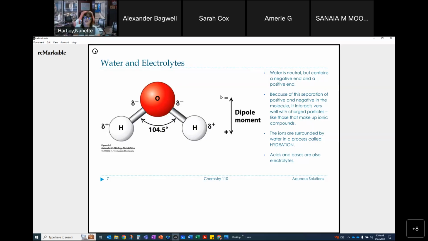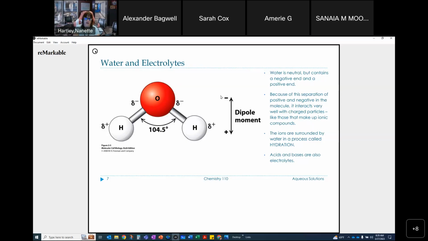Because it has that negative end and positive end, it's very favorable for it to interact with ions, right? So when something like sodium chloride goes into solution, it's been hanging out together because the sodium and the chlorine don't want to be ions on their own. They want to be neutral when they're in space, right? But when they get surrounded by the water, it's more favorable for them to interact with the water.